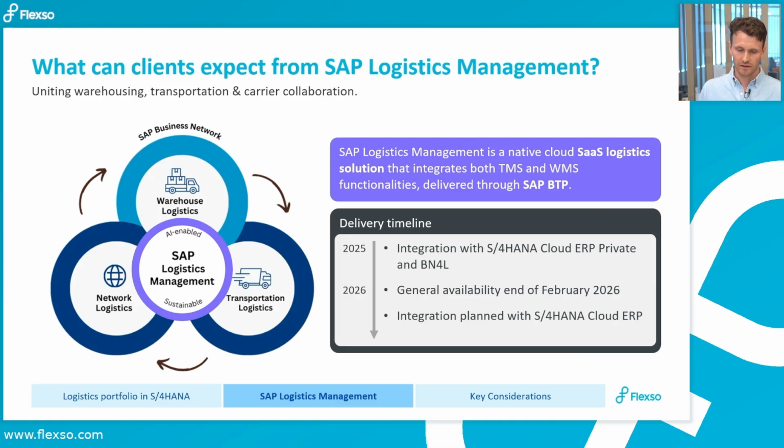Then the product was launched, and you can start implementing it. Integration with Cloud ERP, which is the public cloud, is planned for 2026 Q3. Later on in the slides, we'll go over the roadmap, but you'll see that on the roadmap, the integration with public cloud is set later on this year.